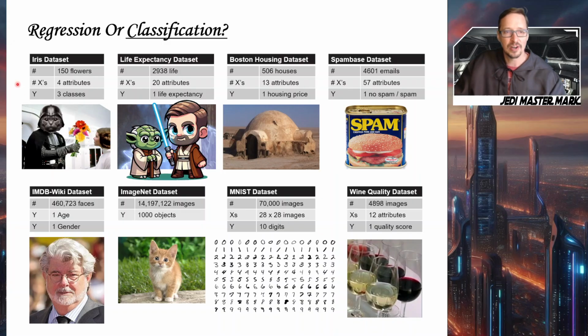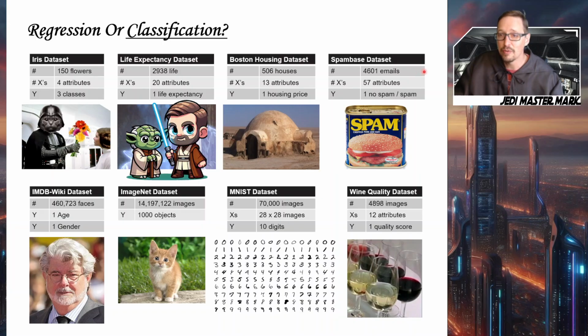So maybe starting in the upper corner, the iris data set, 150 flowers separated into 3 different classes. Life expectancy, so you have a number of lives, and what is the expected life of these individuals given these 20 attributes or inputs. Boston housing data set, 506 houses, and so housing price would be our prediction.